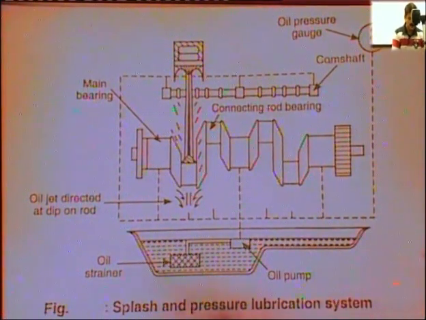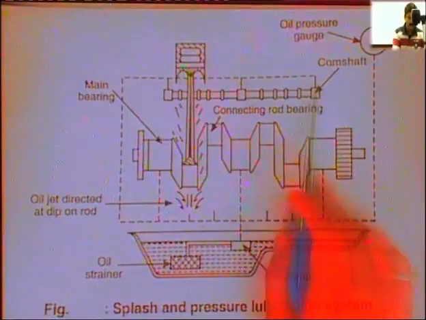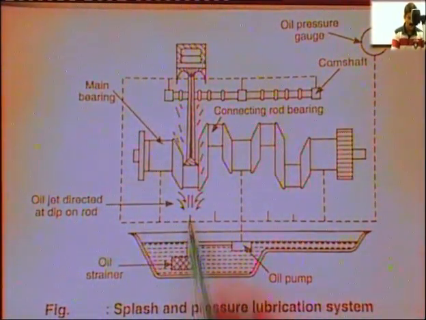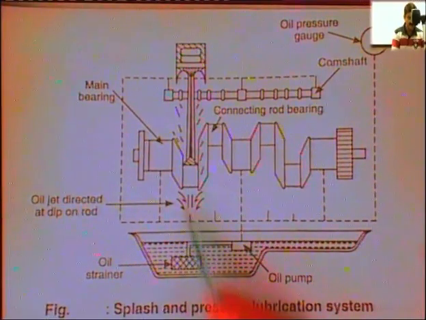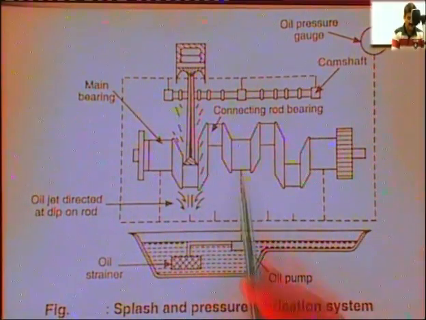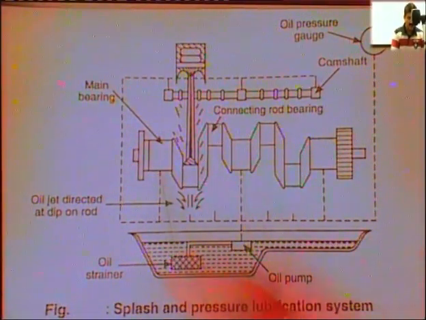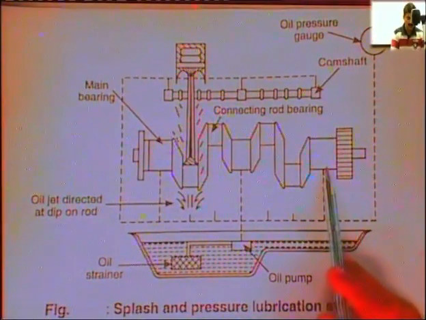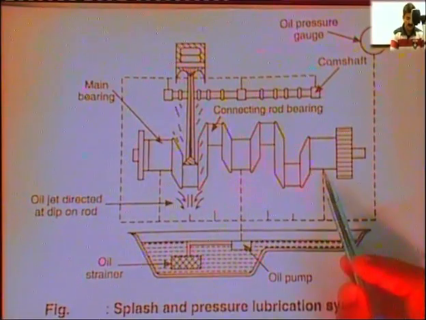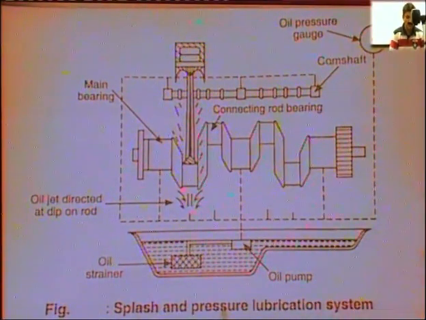You can see here the gallery all over there, the camshaft, and this is the nozzle, and the oil gets splashed from this nozzle. This system will be called the splash system, and when the oil galleries are provided up to the point of lubrication, that will be called the pressure lubrication system. That is why it is called the splash and pressure lubrication system.